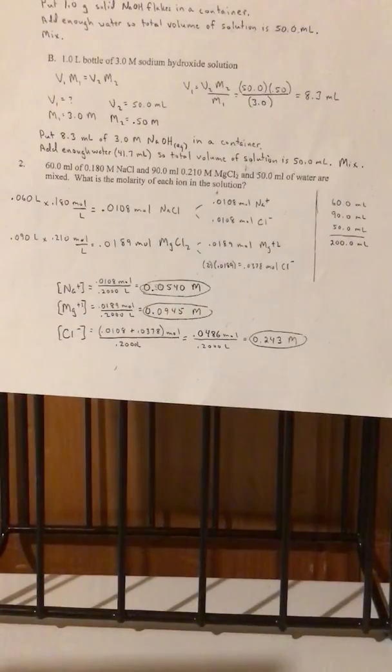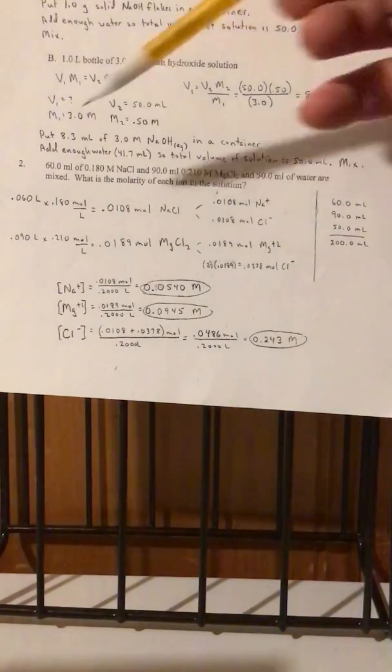Now look, NaCl and MgCl2 will not react with each other, there's not going to be a precipitate in this case. So really you just have a bunch of ions from NaCl floating around and a bunch more ions from MgCl2 floating around, then you have more water in there as well. So let's look at the NaCl first.